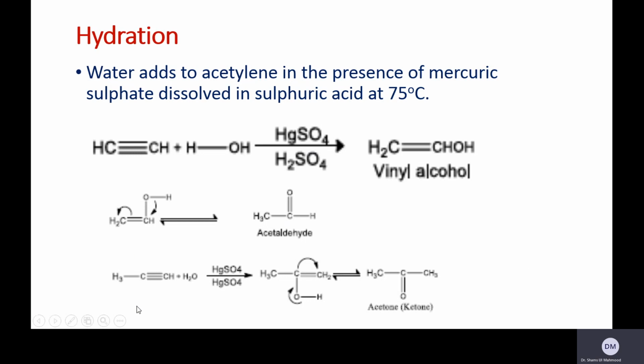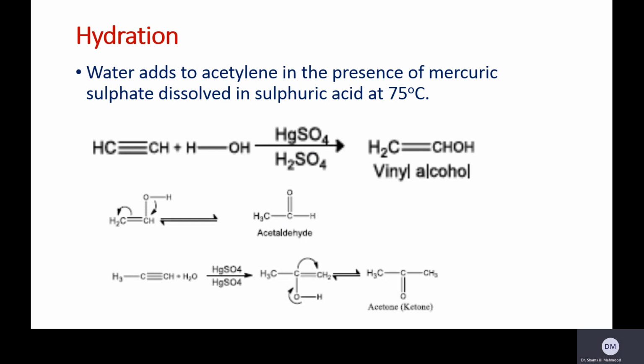So if we have the propyne, this is the propyne CH3, C triple bond CH, then addition of water. Now the addition of water takes place according to Markovnikov's rule, and the OH will go to that carbon which has less number of hydrogens. So OH will go to this carbon and H will go to this carbon. So the triple bond changes to the double bond.